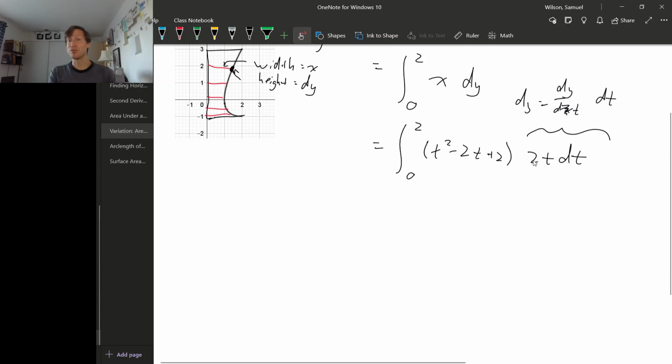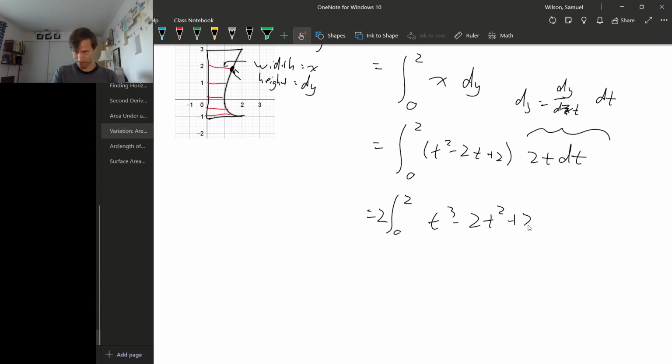And now we have an integral all in terms of t that we can evaluate. So to evaluate this, it looks like it's a polynomial, so we can just multiply everything out. First, let's pull this 2 outside. So then we get 2 times the integral from 0 to 2 of t cubed minus 2t squared plus 2t dt.